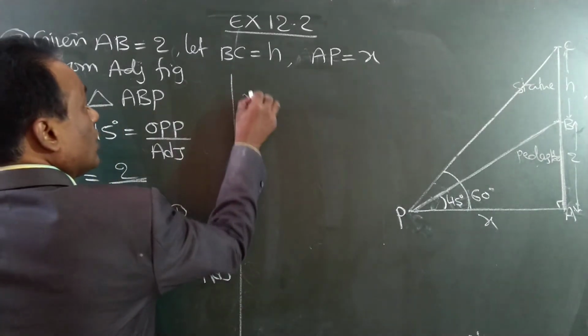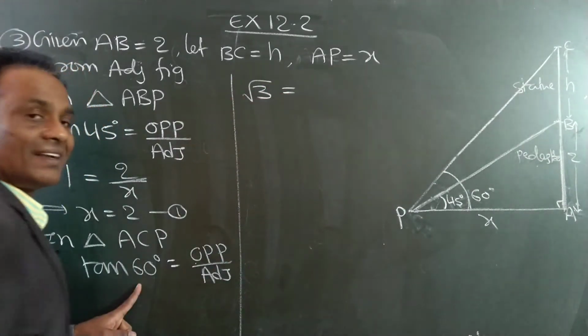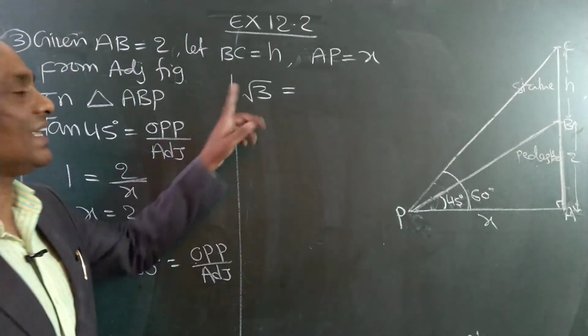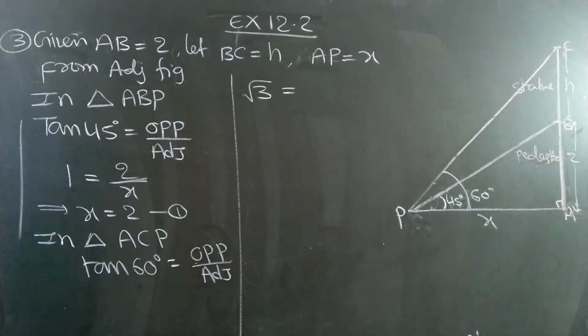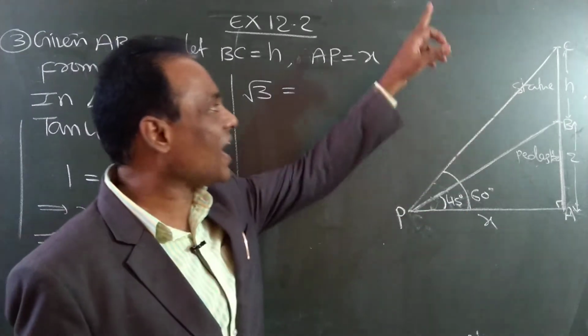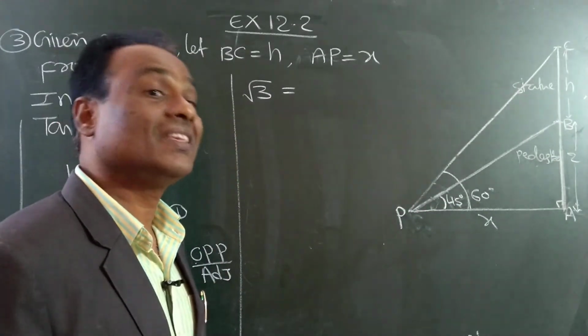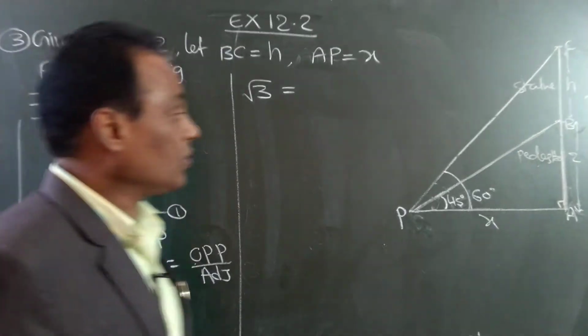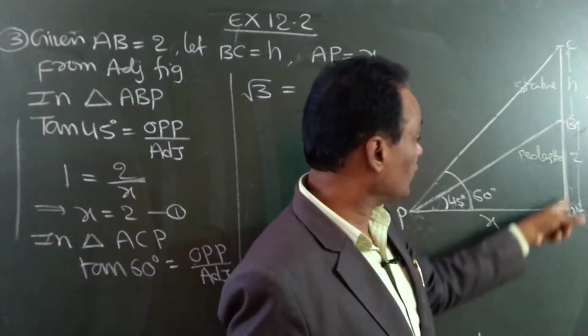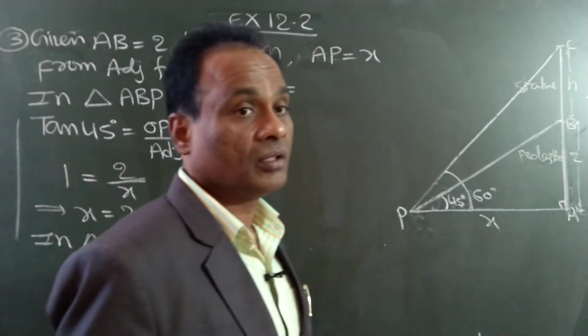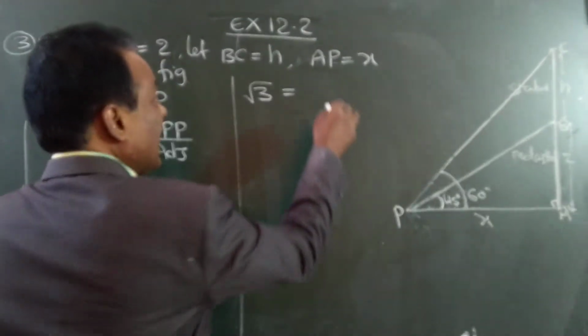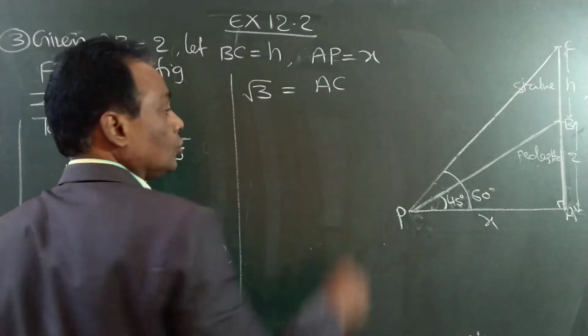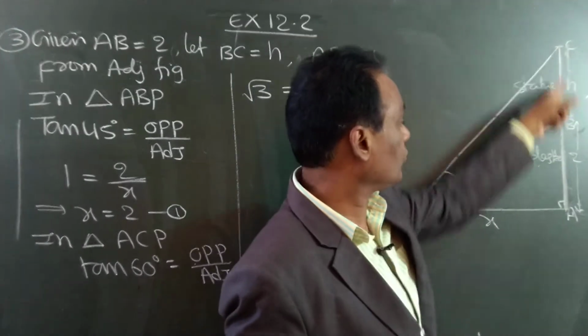Tan 60 value is root 3. See the table. What is the opposite? This total is opposite. I will write that also. AC is opposite. Total AC is opposite.